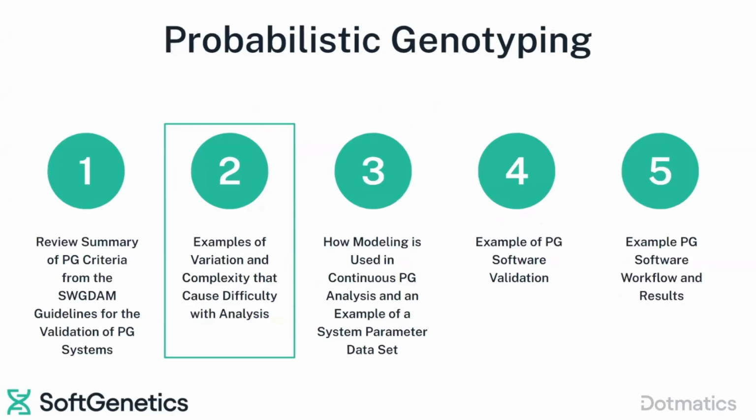Okay, so what we would like to do is look at examples of variation in complexity that cause difficulty with analysis. These will be very familiar, as I'm sure most of you have had samples like these, but it's a nice starting point. And then we'll move into how modeling is used.